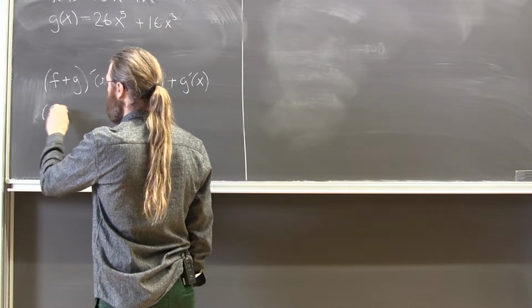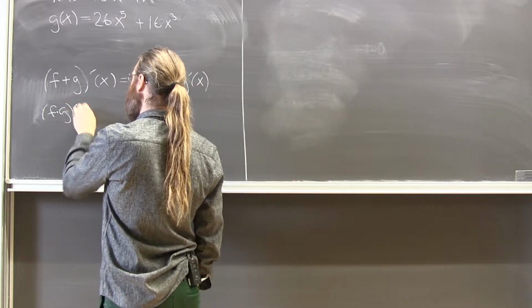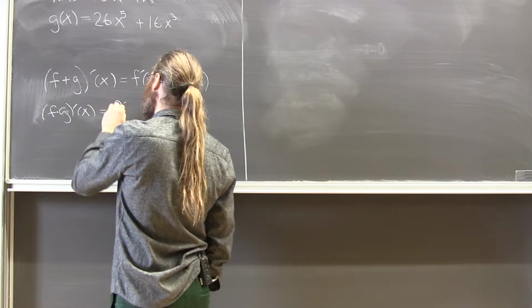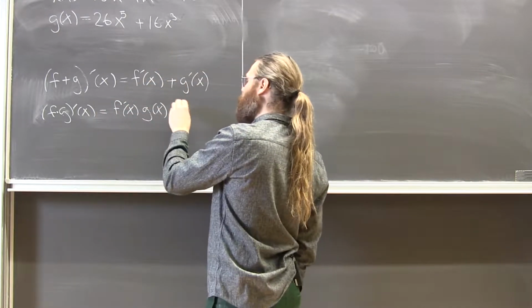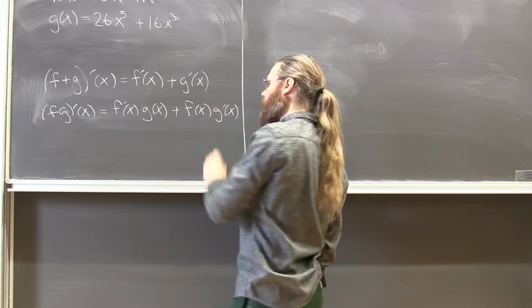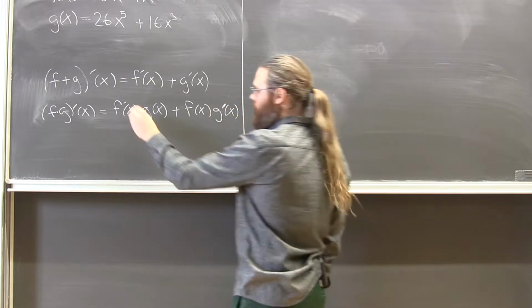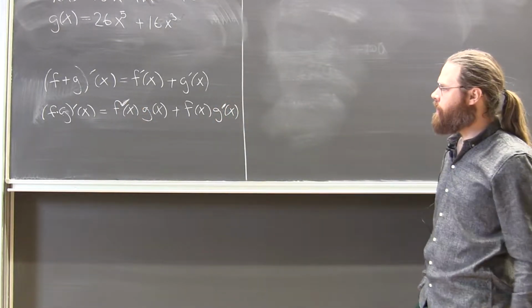Another rule was f times g, the derivative of this, and this was the somewhat more complicated rule, called the Leibniz rule. And here it's important that these are actually primes.